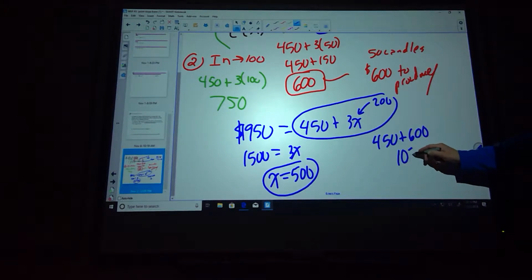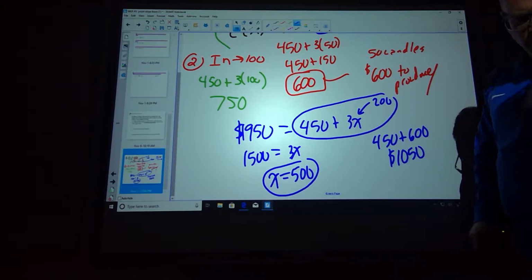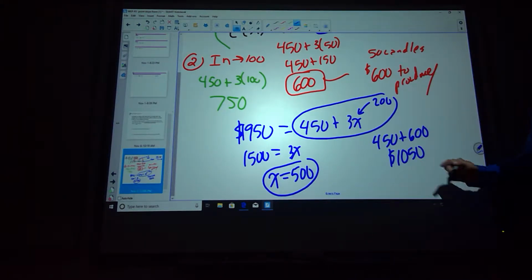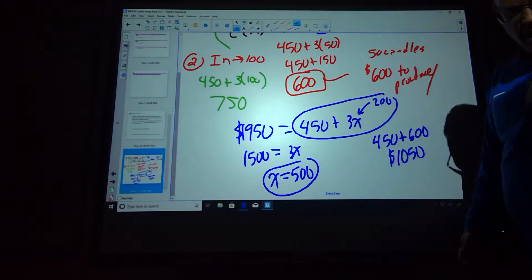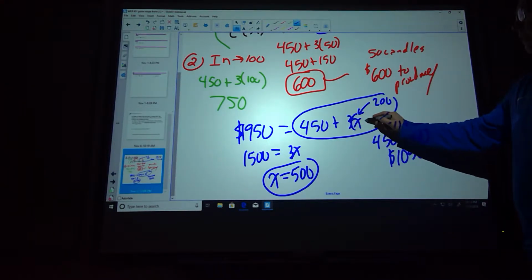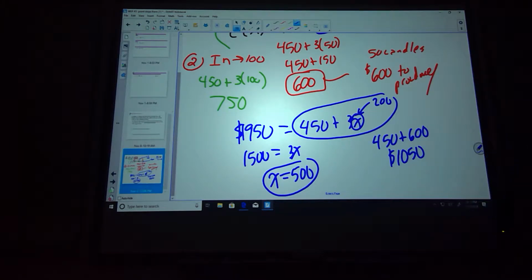So that's 1,050. They said it's only going to cost $1,000? He's $50 off. We good? And then part C, at 75, we just take 75 and plug it in there. So that's 75 times 3, 150, 225, 225, 675, I think. What else?